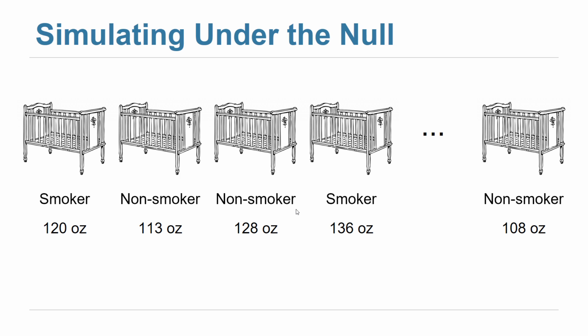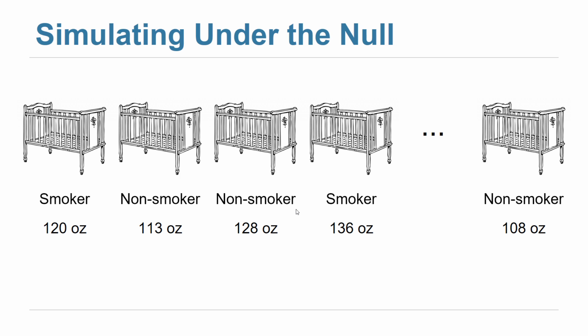Shuffle means do a random permutation of the labels of the mothers, so that we can then get a sample assigned to a smoking group and a sample assigned to a non-smoking group.